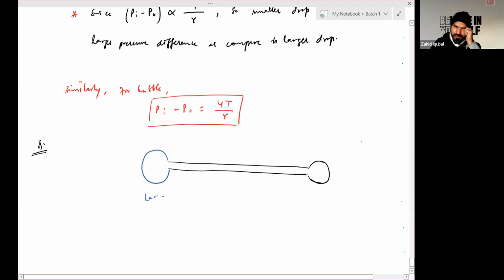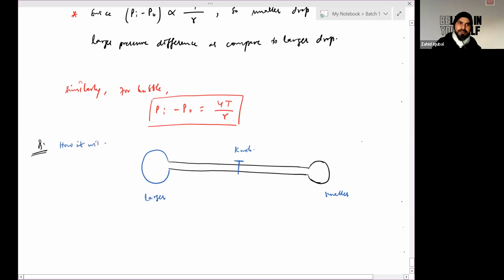This is the larger balloon and this is the smaller balloon. And suppose there is a knob at its midpoint, which is initially closed.